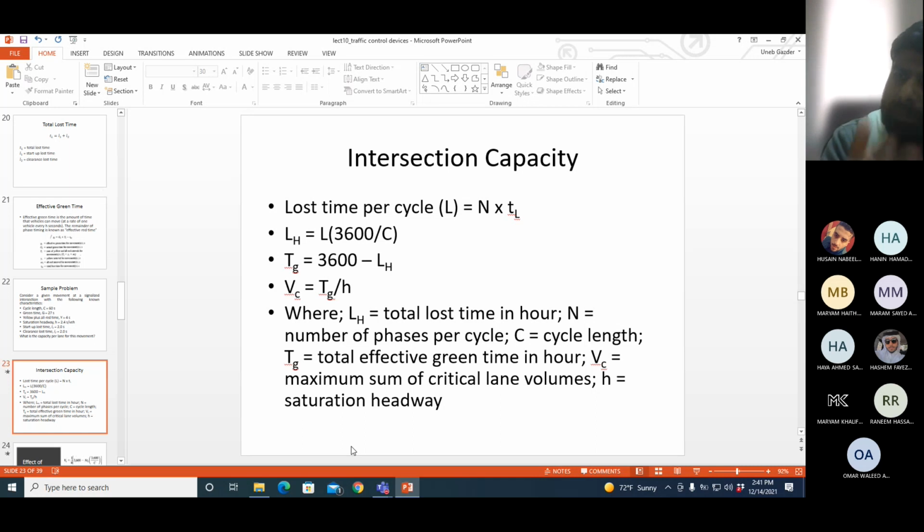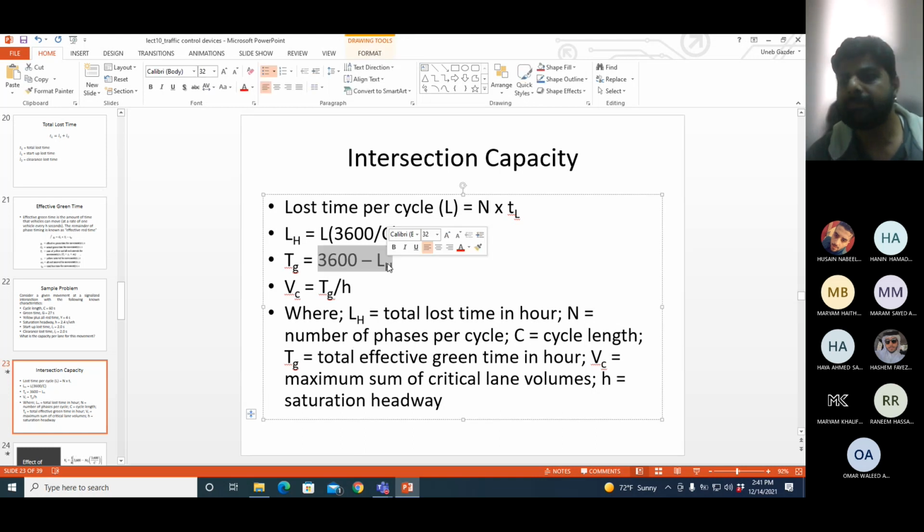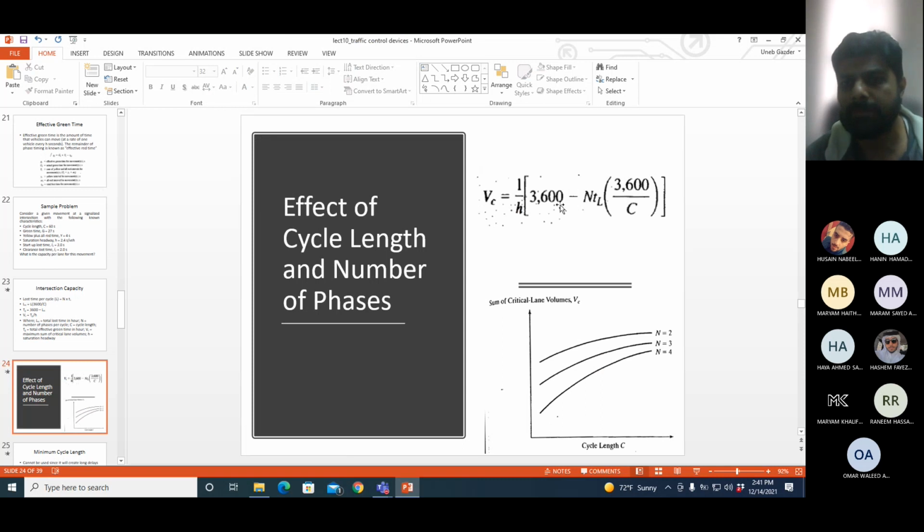Now if you want the value of VC, then I can reinsert the values of all the parameters in the equation of VC. TG can be replaced with this, LH can be replaced with this, and L can be replaced with this. So if you put all the values of the parameters, the final equation of VC will be this one. How did I get this equation?